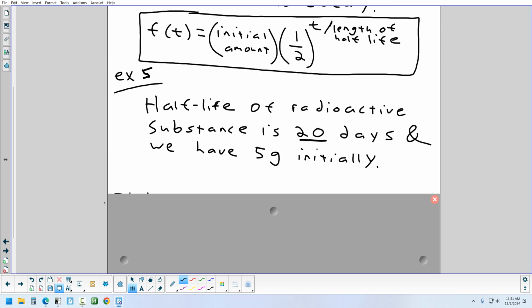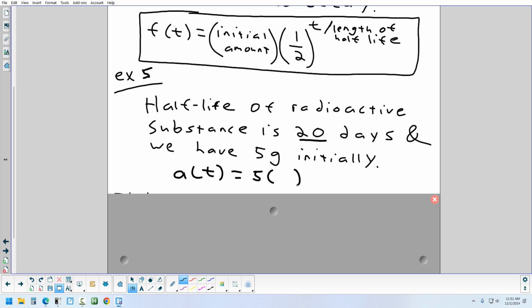All right, so let's write an equation. Since we are solving for an amount, I would name the function A, and it's going to be an amount as a function of time. What would come right after the equal sign? Yep, and in this case, what is the initial amount? 5.